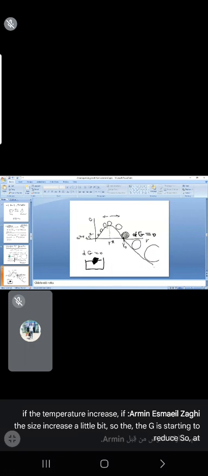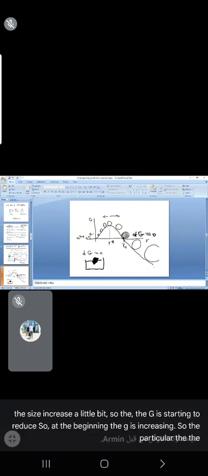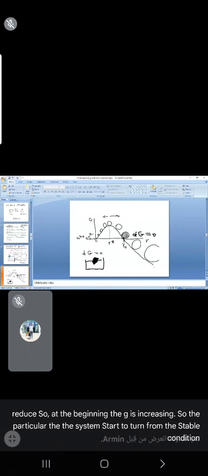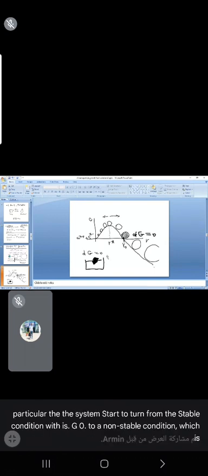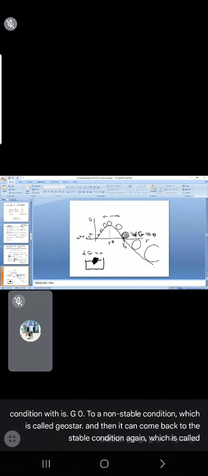So at the beginning the G is increasing, so the system starts to turn from the stable condition, which is G0, to a non-stable condition, which is called G star, and then it can come back to the stable condition again, which is called nanoparticle.